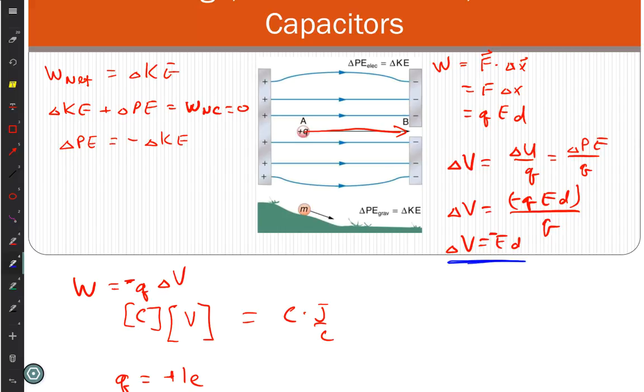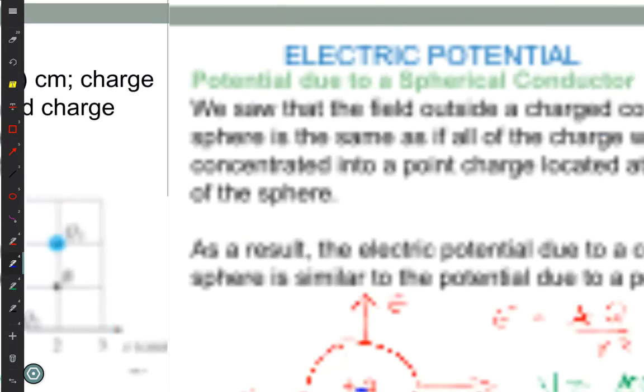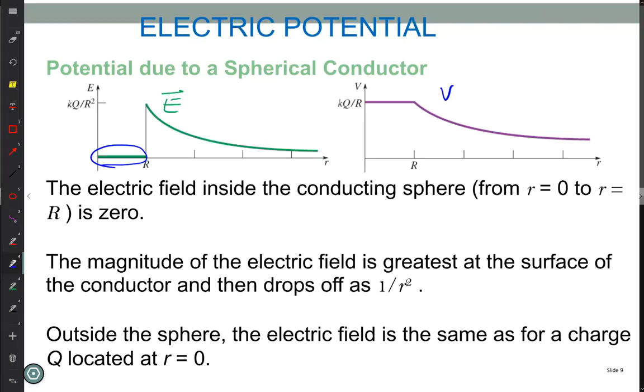And so if there's no electric field, then the voltage change has to be 0, so the voltage has to be constant. That's why we can say it's obvious that it has to be constant voltage in there, because there's no electric field. So anywhere inside of that sphere would be a constant voltage.